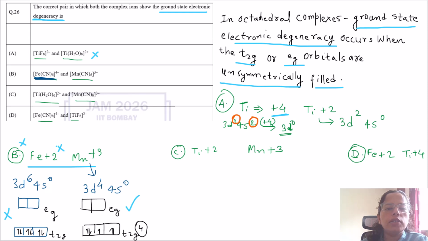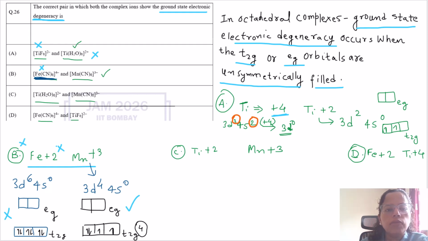In Fe it does not happen, and in Mn(CN)6 3- degeneracy is there. Titanium in the +2 oxidation state can also show degeneracy because the T2G orbital is unsymmetrically filled with only 2 electrons, 2 unpaired electrons. So titanium +2 also shows electronic degeneracy.